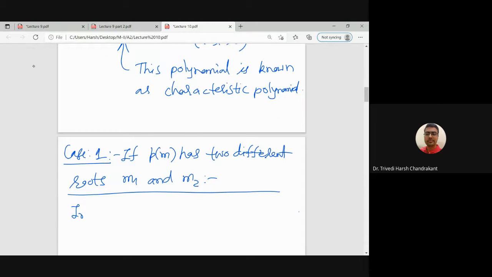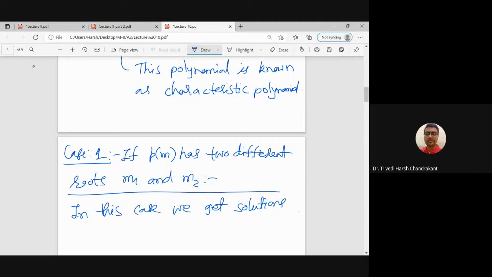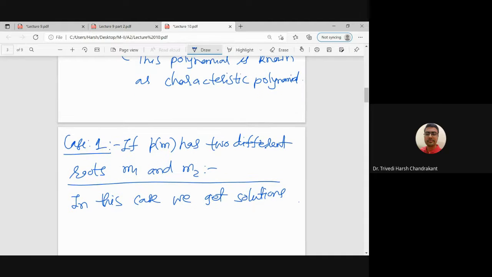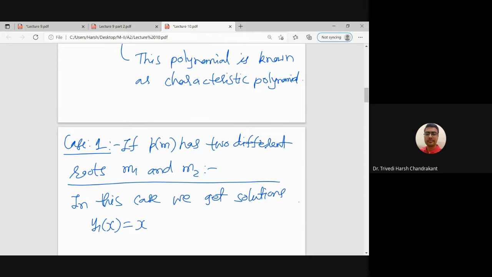So in this case we get solutions. We have two different values of m, that means we get two functions. First is x power m1, and the second function which is a solution is x power m2.